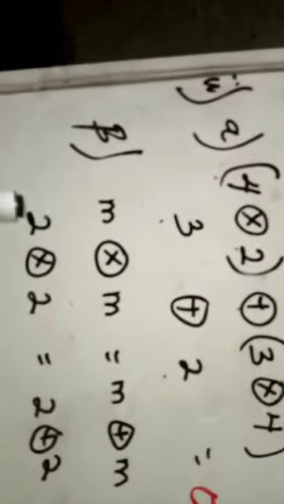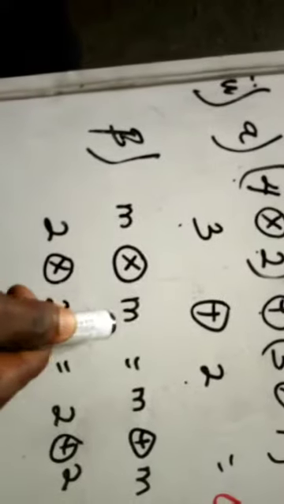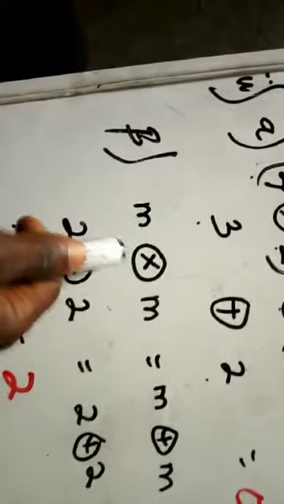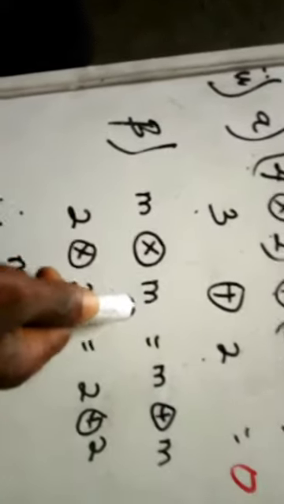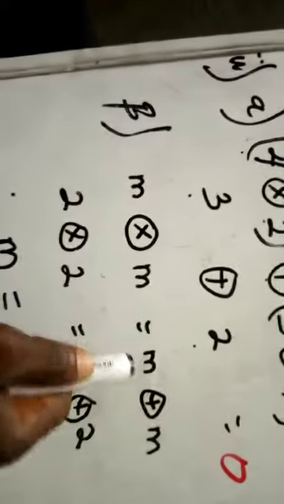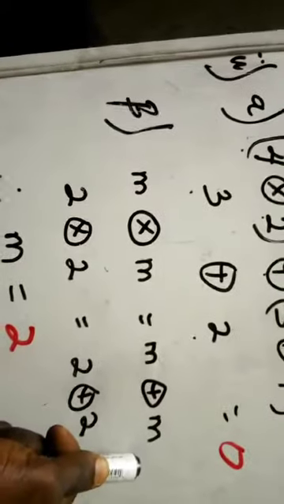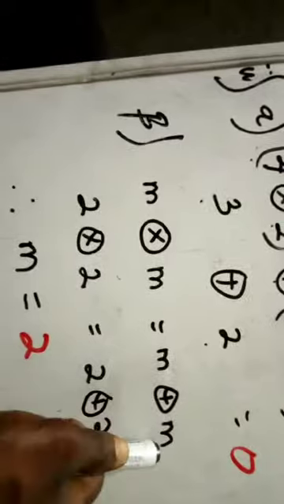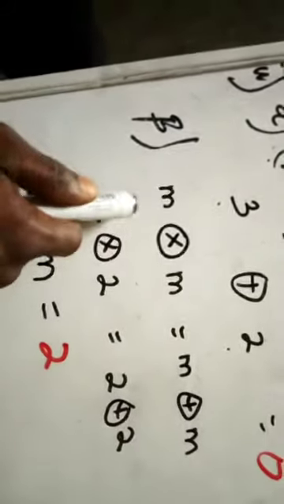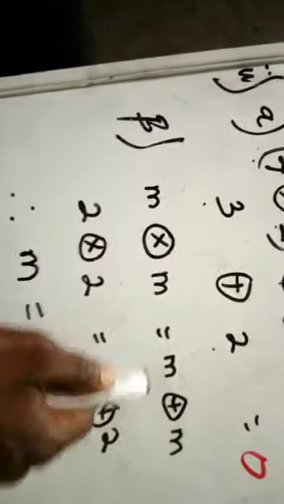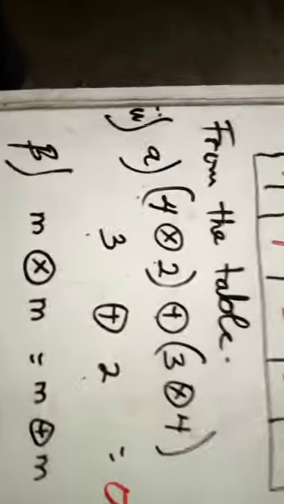So it is your duty to go to your table. Of course, the multiplication table for the first side: which number times itself? Whatever I get here should be the same thing that I also get on the right hand side. Can you see that? When I add on the right hand side and multiply on the left hand side, the answer that I get here should be the same answer. So it's your duty to check the table. Is that okay? So let's see. Let's check.